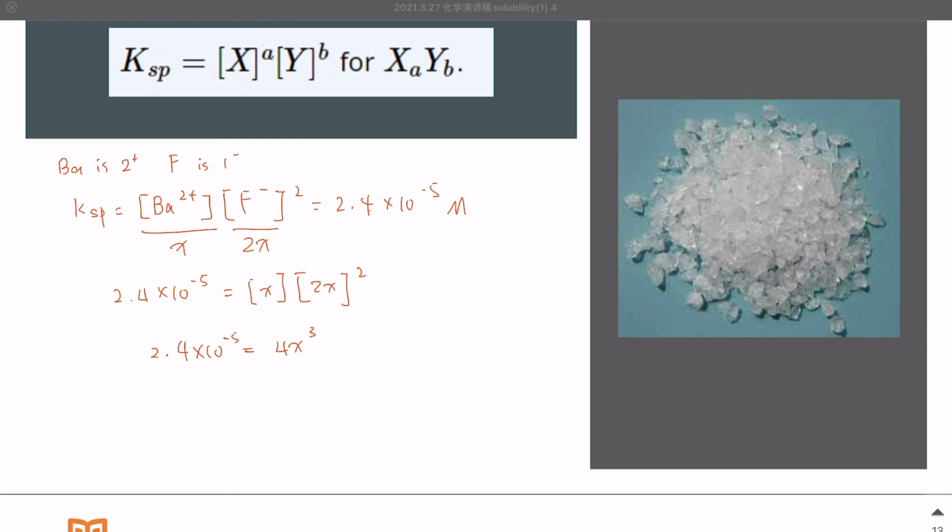For the next step, we get x equal to 1.8 times 10 to the negative 2 mole. So it means the solubility of barium fluoride is 1.8 times 10 to the negative 2 molar.